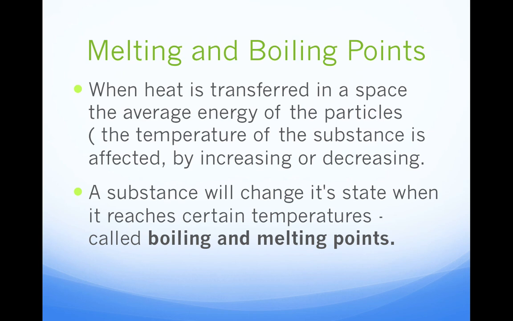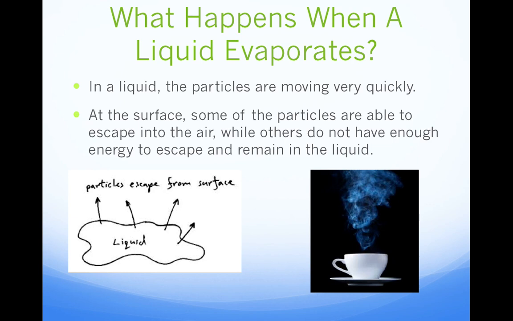Okay, so melting and boiling, if we look at water, in order for water to melt, we have to be over 0 degrees Celsius, right? Because it freezes at 0 degrees. And for it to boil, we reach 100 degrees Celsius.